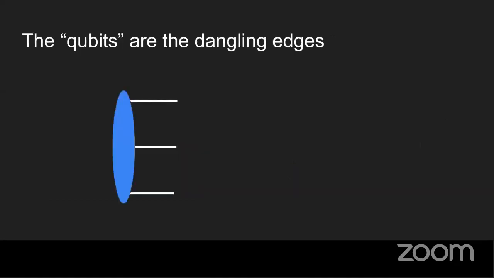Cool. So with that in mind, there are some things to be aware of when you do these circuit simulations using tensor networks. What's actually interesting is that a qubit represented on a tensor network is not actually a node. Qubits are actually represented by the edges of a tensor network.